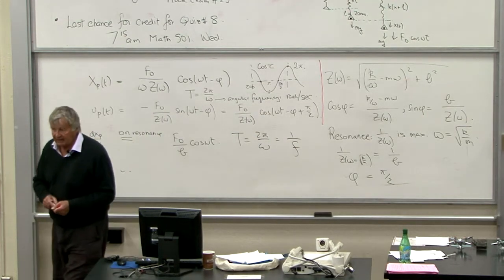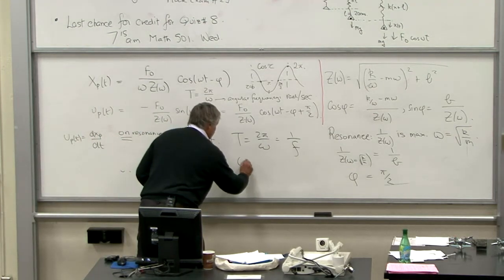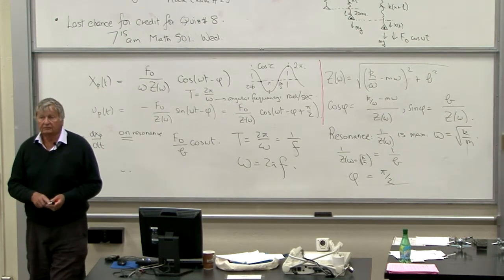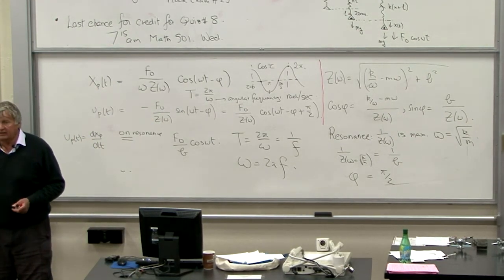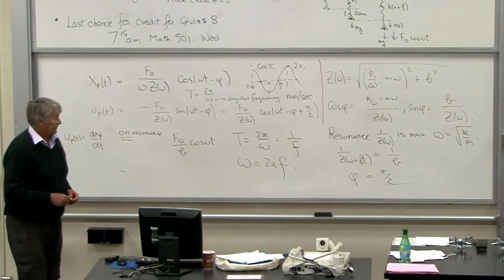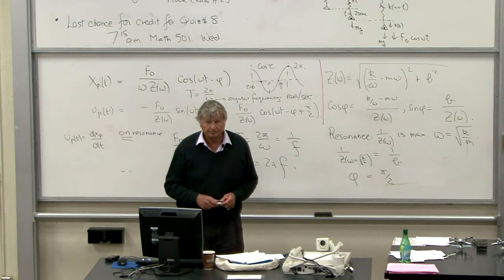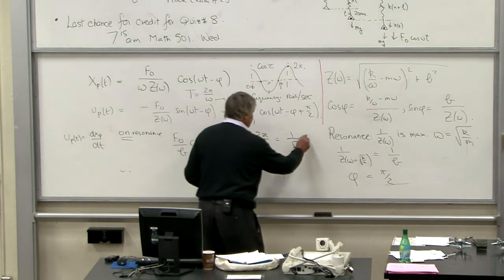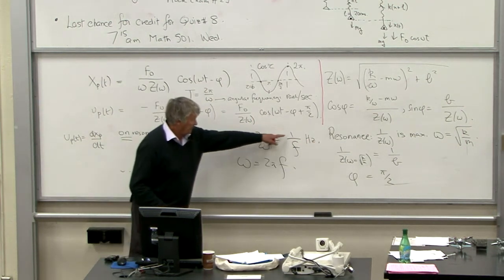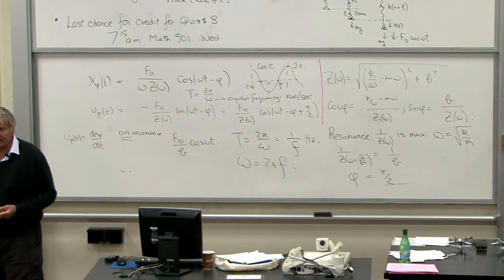This is cycles per second. Omega is 2 pi times f. Okay? The number of radians per second is twice pi the number of cycles per second. What's another name given to a cycle per second? Hertz. So this is hertz. This is seconds. Hertz has the unit of 1 over seconds.